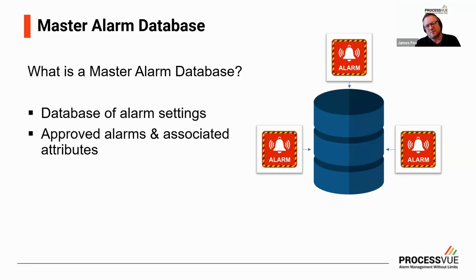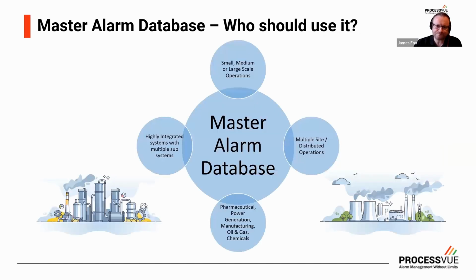You could think of it as a bit like a knowledge base. It's the place to go to find all of the information about your alarms, how they are currently configured, what the supporting information, if any, there is around those alarms, such as what is the cause of the alarm, what is the consequence of missing it. So it's the place to go to find all of the information about your alarm settings.